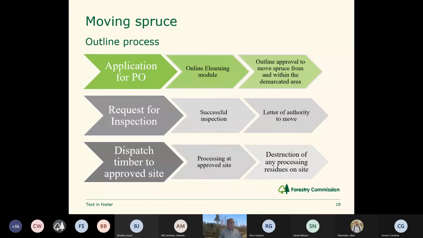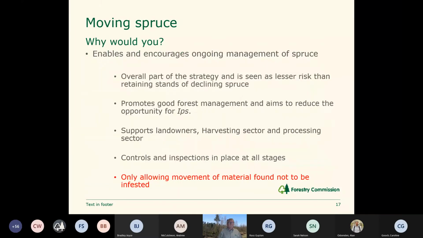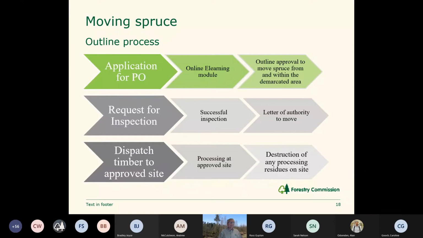The outline process for moving spruce is that a business would need to be a professional operator, and there is a process for applicants to become a professional operator, and they do that in conjunction with an online e-learning module.